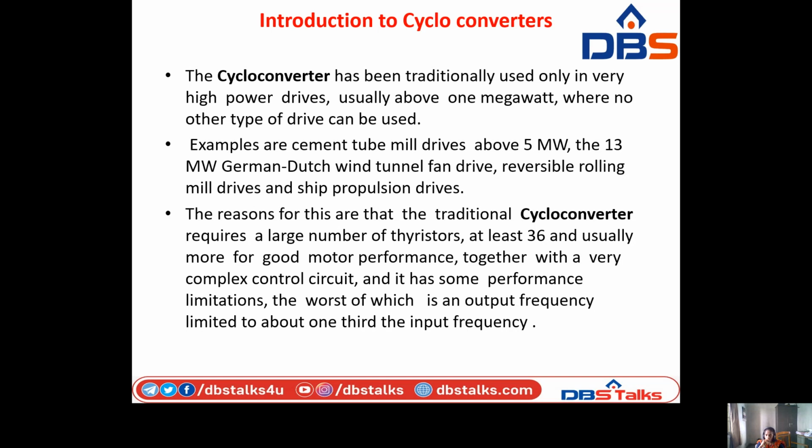For example, cement tube mill drives above 5 megawatts, the 13 megawatt German Dutch wind tunnel fan drives, reversible rolling mill drives, and ship propulsion drives. The cycloconverter requires a large number of thyristors, at least 36, and usually more for good motor performance, with a very complex control circuit.